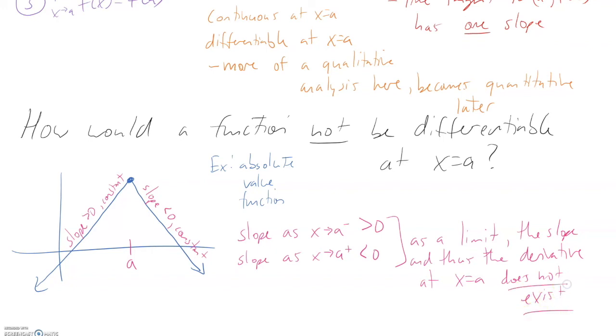The left-hand limit and right-hand limit do not match up. The left side slope and the right side slope do not look like they're going to be the same value at x equals a. So you have this case where this function is clearly continuous at x equals a. I can draw that without any jumps or discontinuities. But it's not differentiable at x equals a because I have no good way to define the slope at this point.